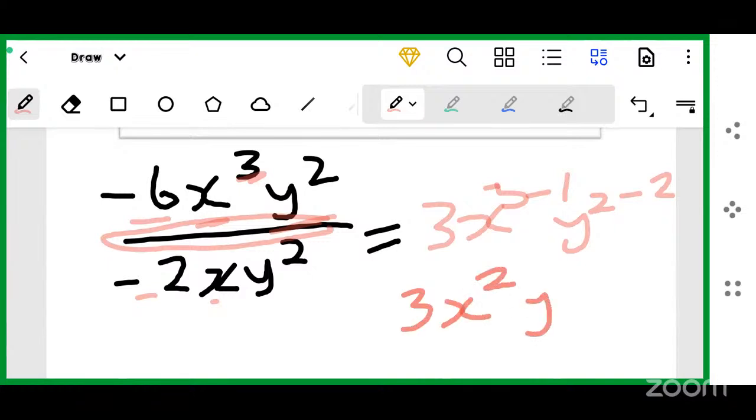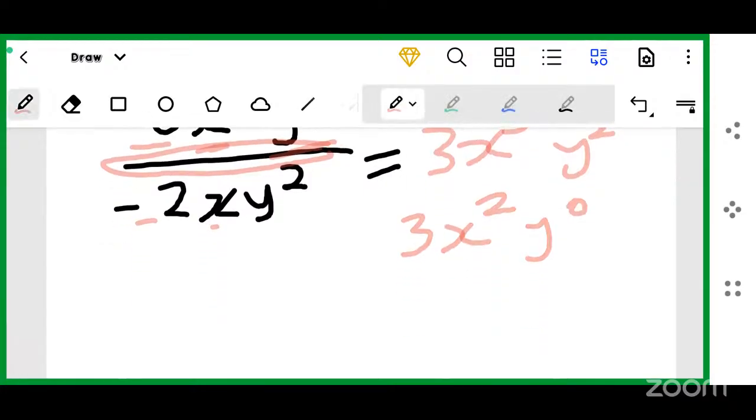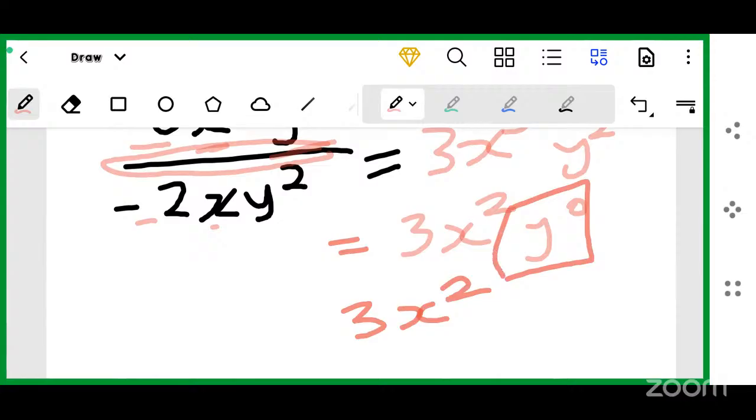And what is going to be 2 minus 2? 0. Perfect. So you're going to have your y to the power of 0 there, and we can also write it as 3x to the power of 2. Do you remember the rule that deals with y to the power of 0?